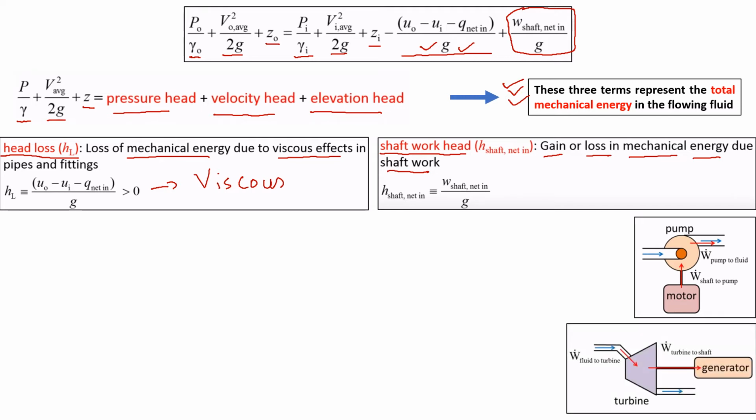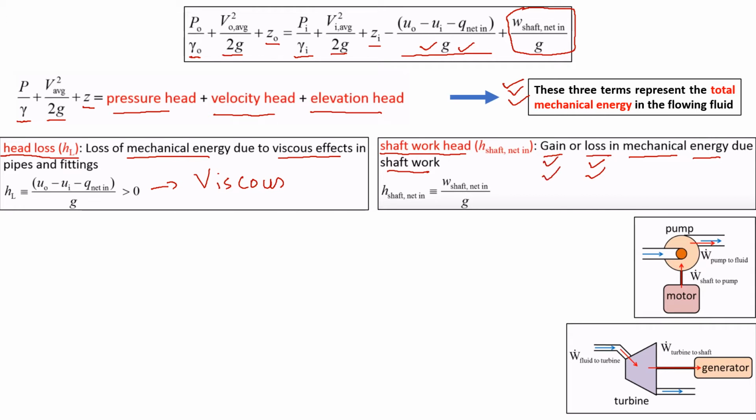The other case, as we discussed previously, is that of a turbine. In a turbine, the fluid is working on the shaft. So the fluid is losing energy to transfer that energy to the shaft through impellers or buckets or whatever, and generate some electricity. So in the case of turbines, the fluid is losing energy. In the case of pumps, the fluid is gaining energy.